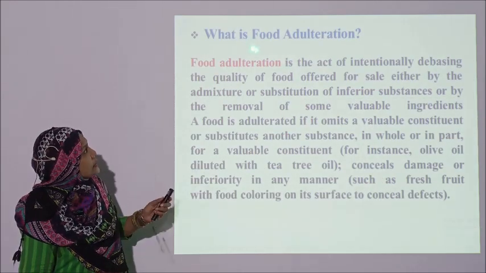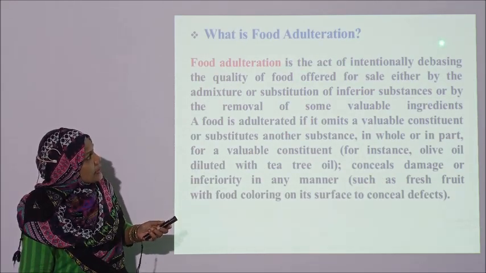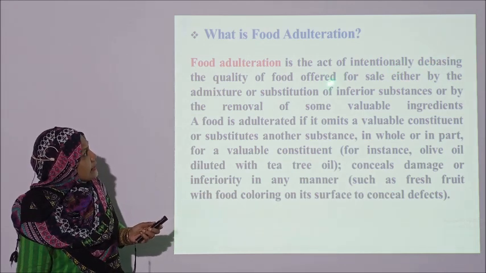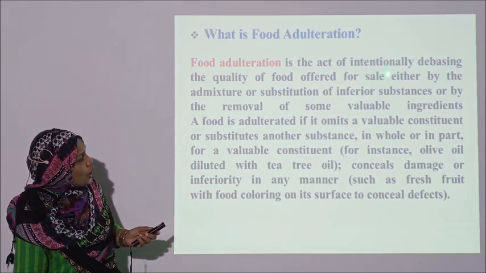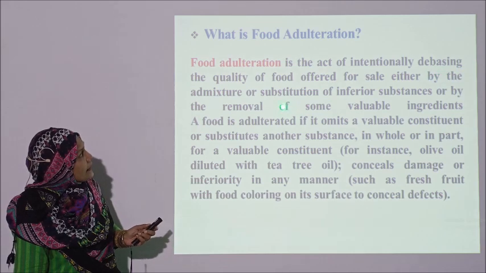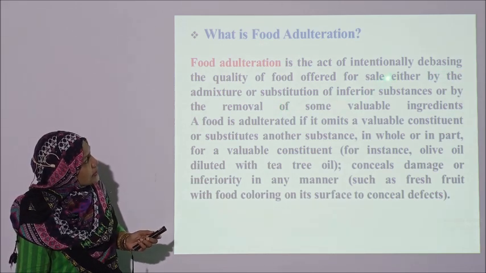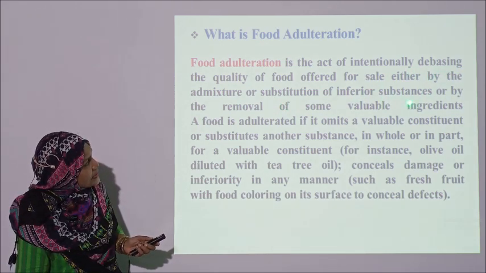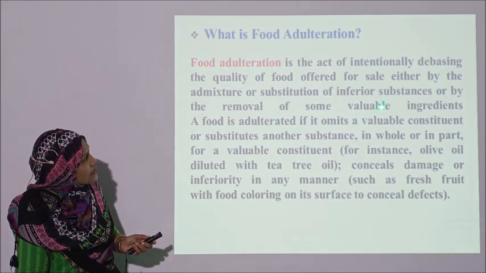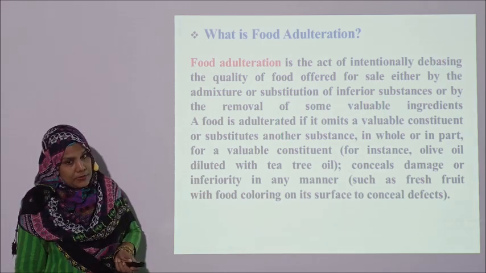What is food adulteration? Food adulteration is the act of intentionally debasing the quality of food offered for sale either by the admixture or substitution of inferior substances or by the removal of some valuable ingredients.